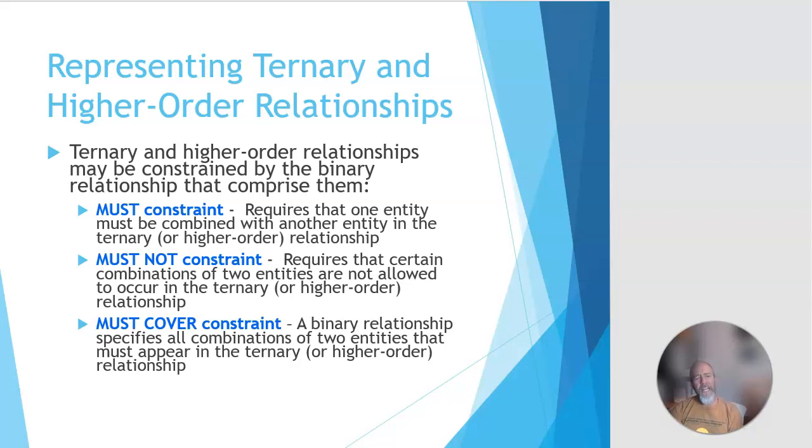This is a lot easier to do with an example. So the must not, and must cover basically means that, in this case, if you have a must, that one exists, it has to be combined with another to make the relationship.